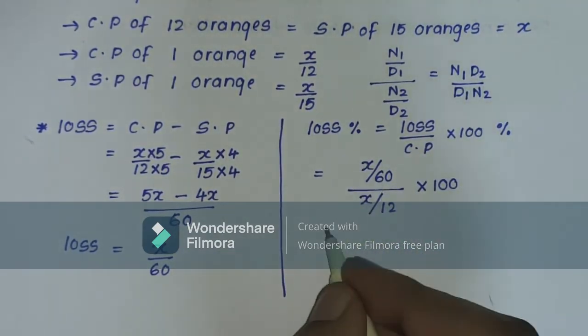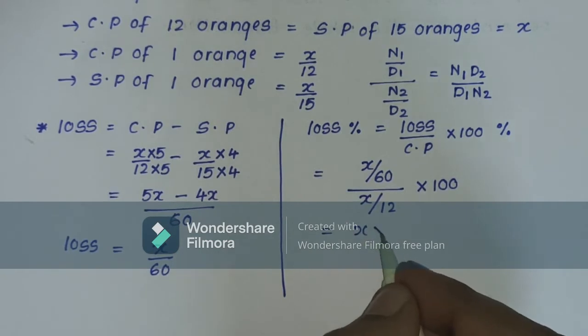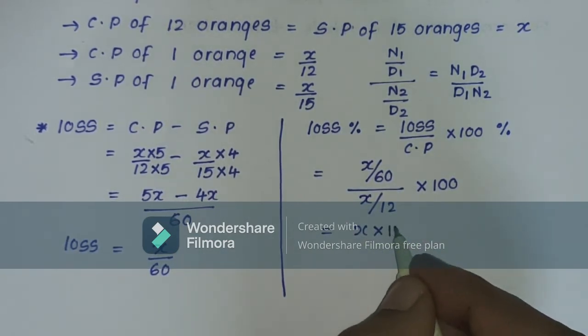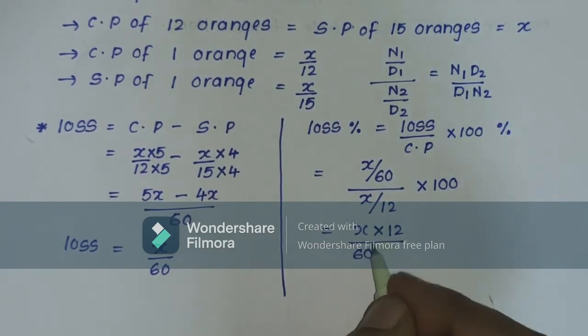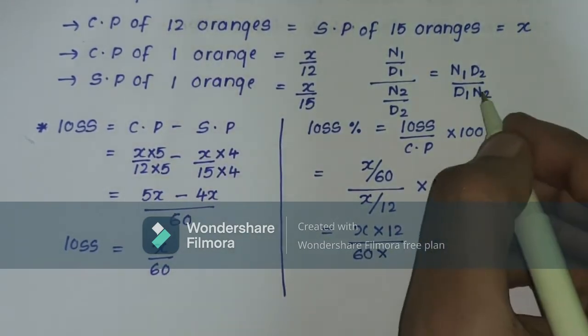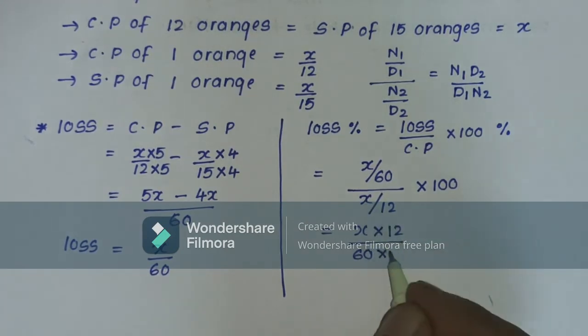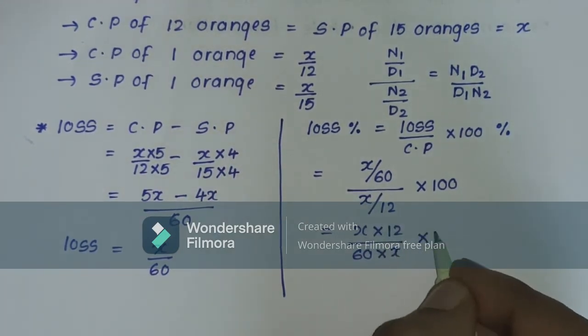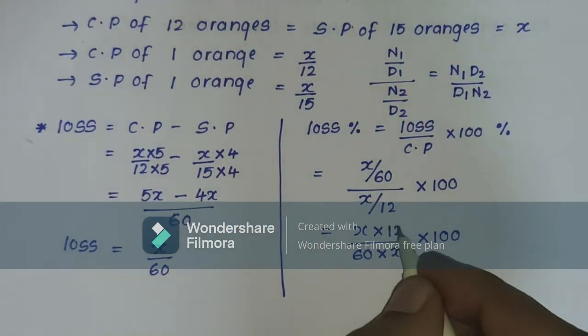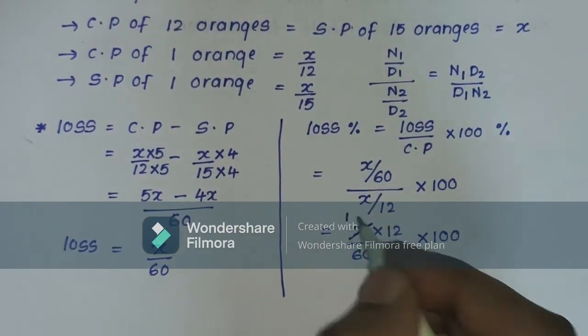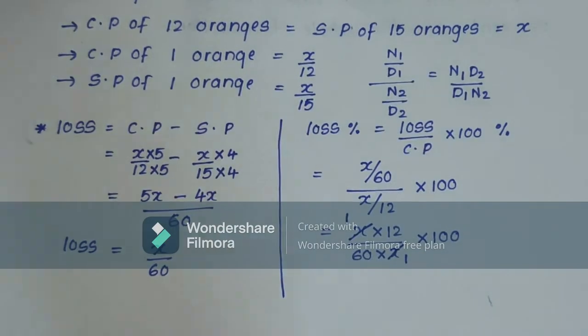So we will say N1, that is x, into D2, that is 12. Same thing here, 60 that is D1, multiplied by N2. Where is N2? This is x multiplied by 100. Okay student, now you see x gets cancelled in the numerator and the denominator.